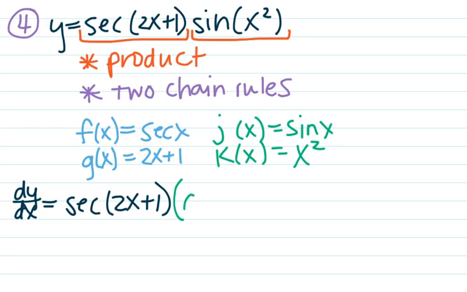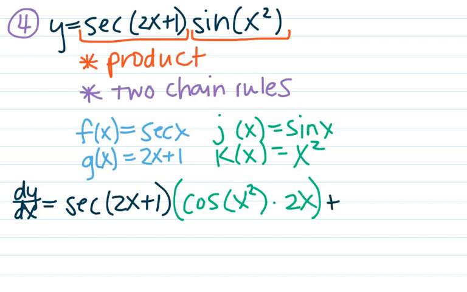That simply becomes cosine x. And the inside function is x squared, so that stays there. And then I take the derivative of x squared, and I get a 2x. Alright, so that's step one. That's the first d last.